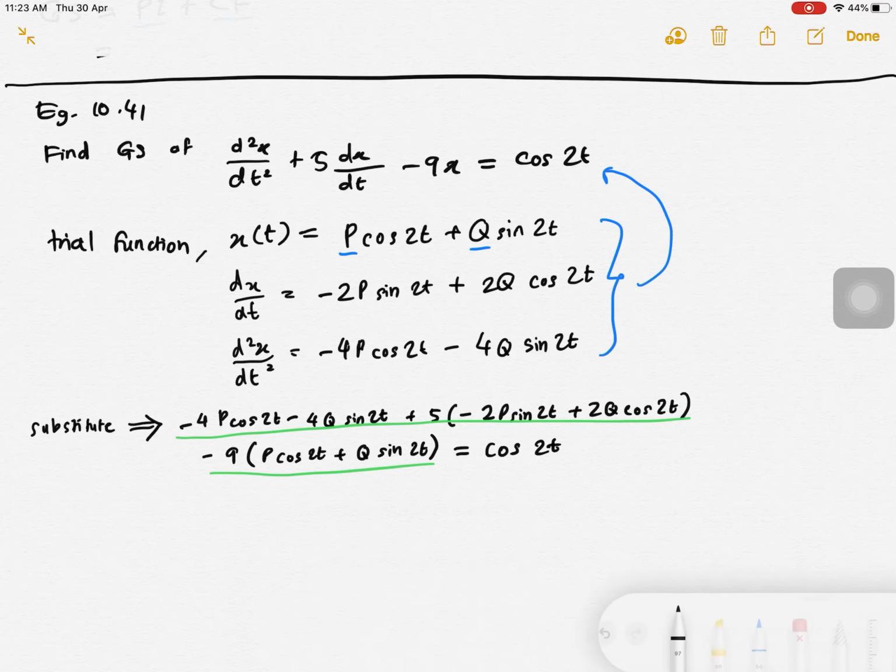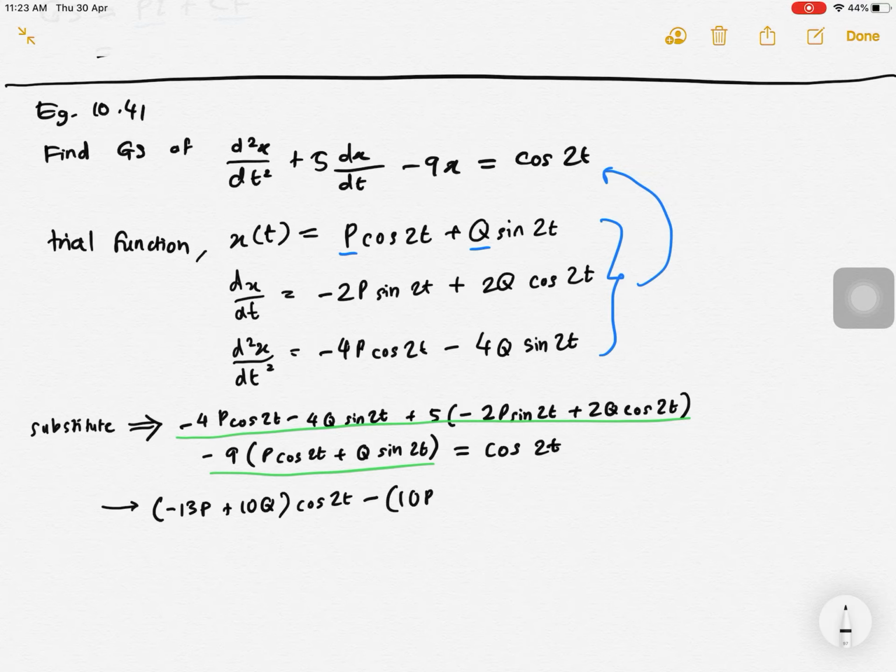When we simplify, we get negative 13p plus 10q cos 2t, minus 10p sin 2t, minus 13q sin 2t, is equal to cos 2t. Now we compare.